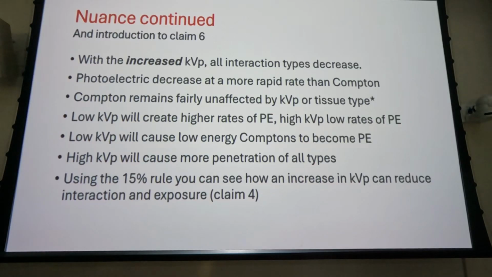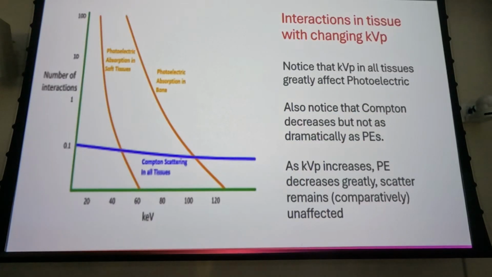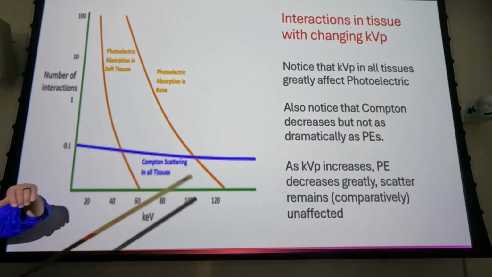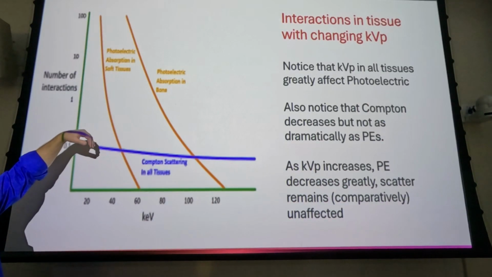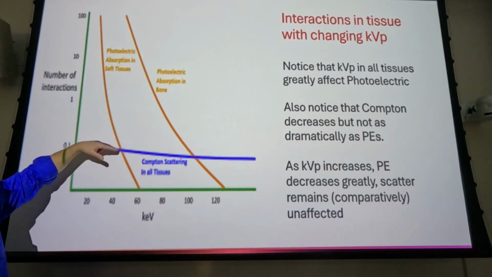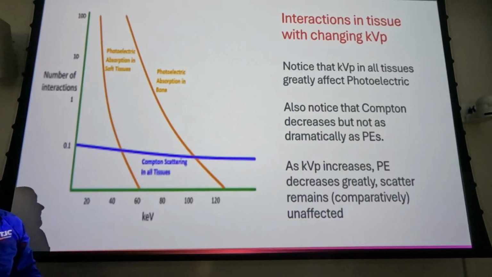So yes, all interaction types decrease. Photoelectrics decrease at a more rapid rate than Compton. Compton remains fairly unaffected by kVp, right? Or even tissue type. All right, so what we have in these two lines is the difference in Compton in soft tissue versus bone.